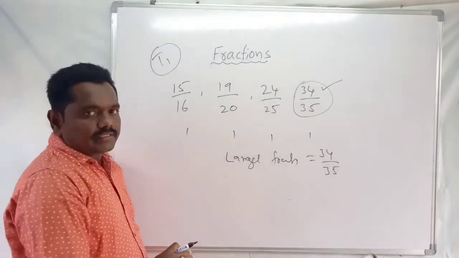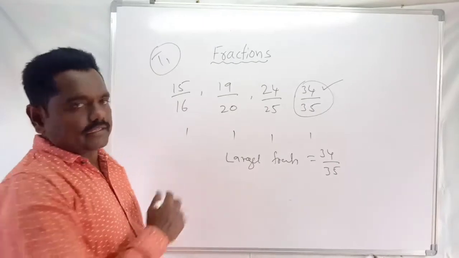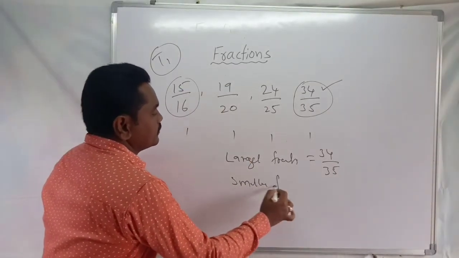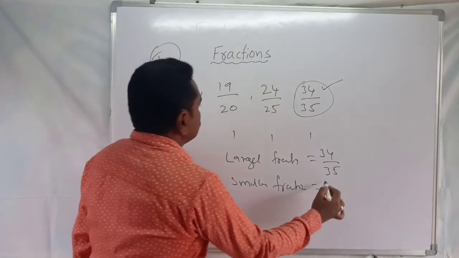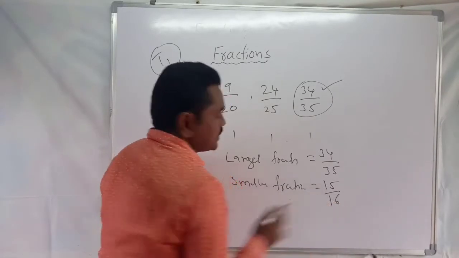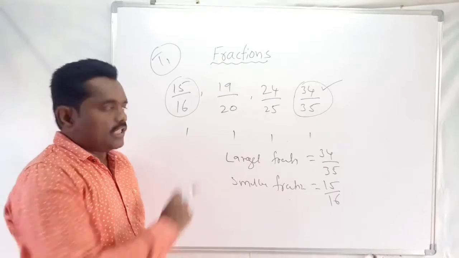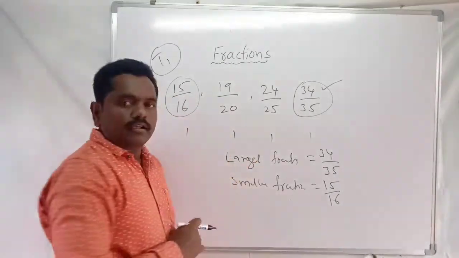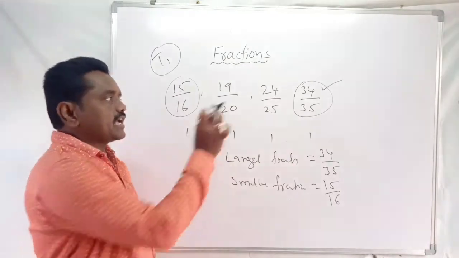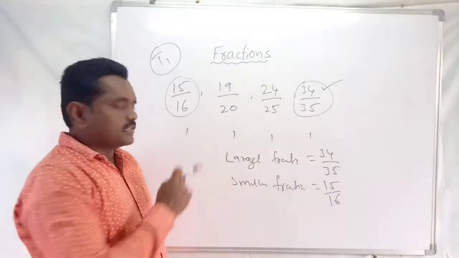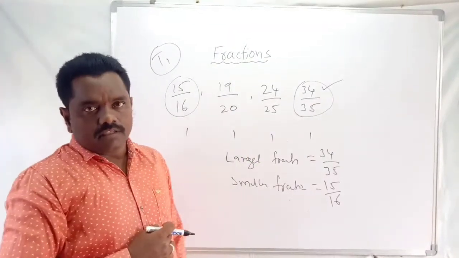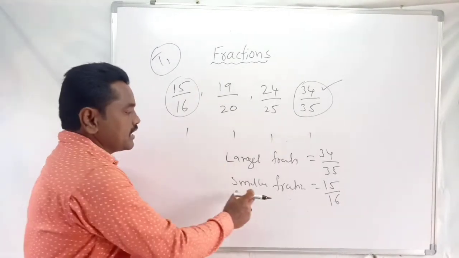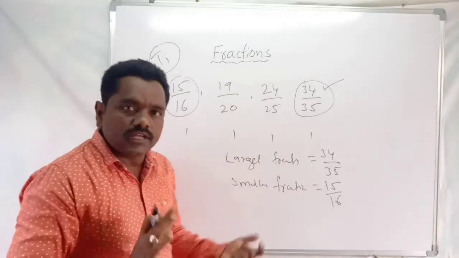Just like that, which one has the smallest numerator? That is the smallest fraction, 15 by 16. The logic is that when the difference between numerator and denominator is equal, the highest numerator gives the largest fraction and the least numerator gives the smallest fraction. This is the first method.